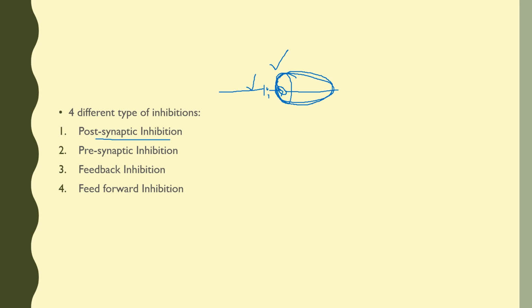The second one is presynaptic inhibition. Taking the example of the presynaptic neuron and this postsynaptic neuron, this neuron gets excited and will release the neurotransmitter.